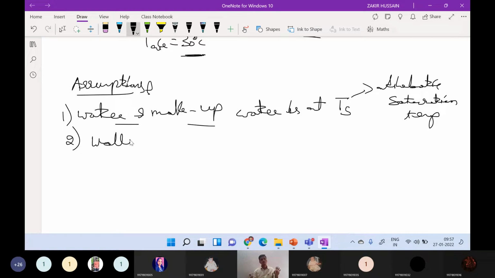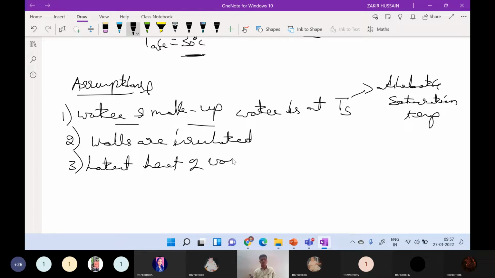And all the walls of the chamber are insulated, so that we cannot exchange heat with the outside environment. Then the latent heat of vaporization of your water vapor is saturated throughout the process.